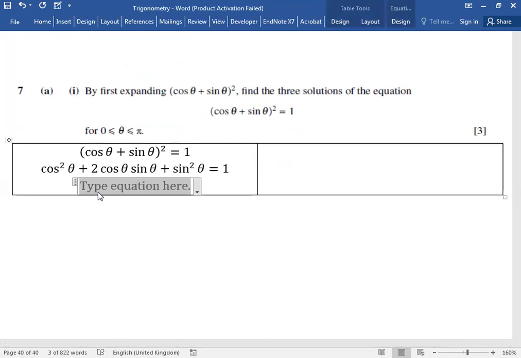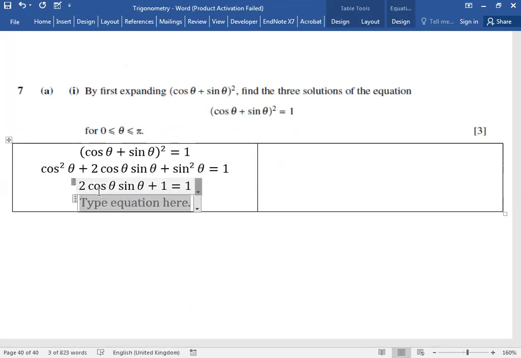Cos square theta plus sine square theta is 1. So I'm left with 2 cos theta sine theta plus 1 is 1. The 1 goes on the other side. So 2 cos theta sine theta is 0. This is what you are left with.